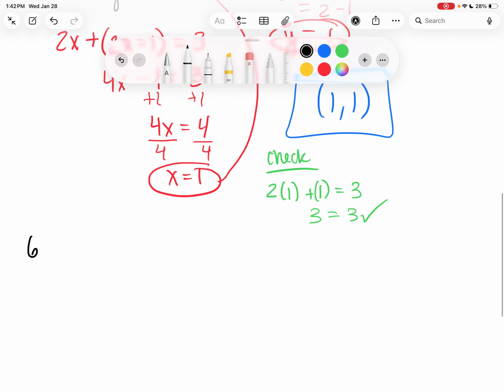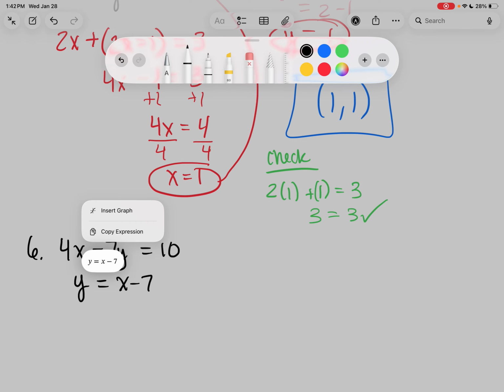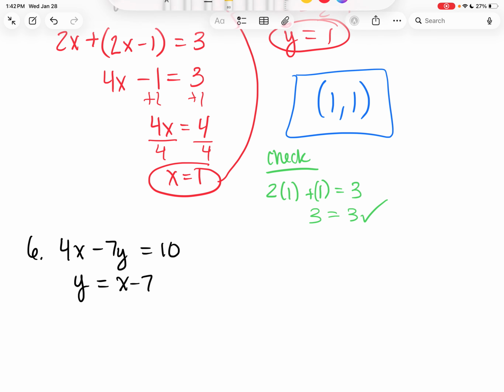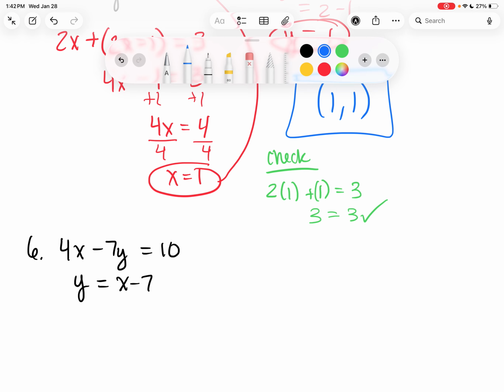Number 6. 4x minus 7y equals 10, and y equals x minus 7. All right, so do I need to do step 1? No. Nope, it's already done for me, so I'm going to take this x minus 7 and I'm plugging it in for y here.